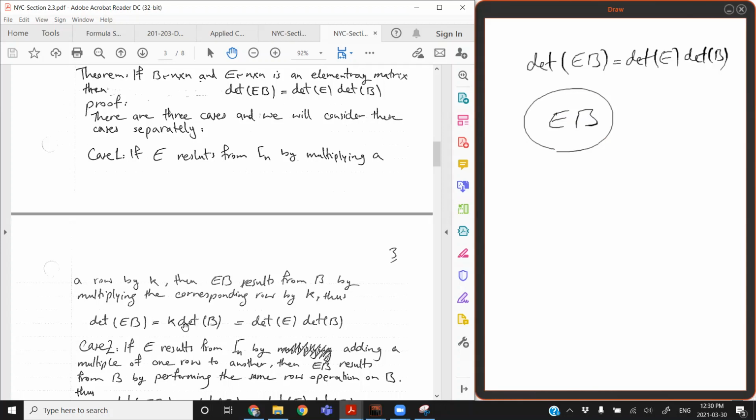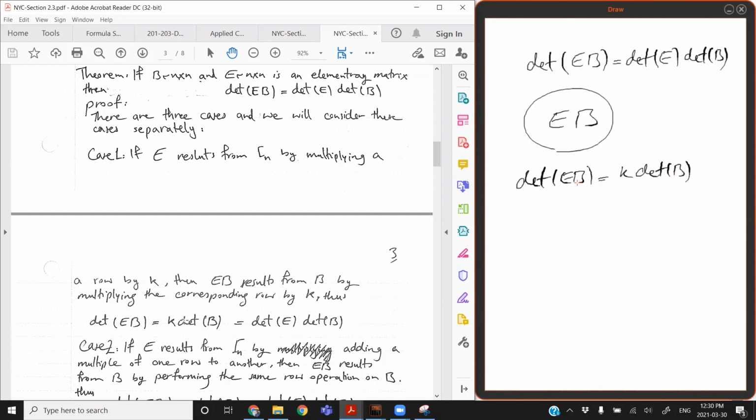So then you can factor out that K. So the determinant of EB is going to be K times determinant of B. Why is that?